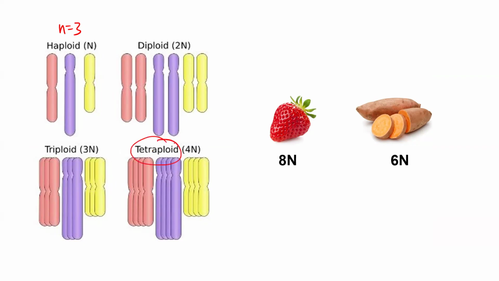You can have tetraploid, 4 sets, and more than that is called polyploidy. Strawberries have 8 sets. Yam or sweet potato have 6 sets. So it's very common for plants to have multiple sets of chromosomes.